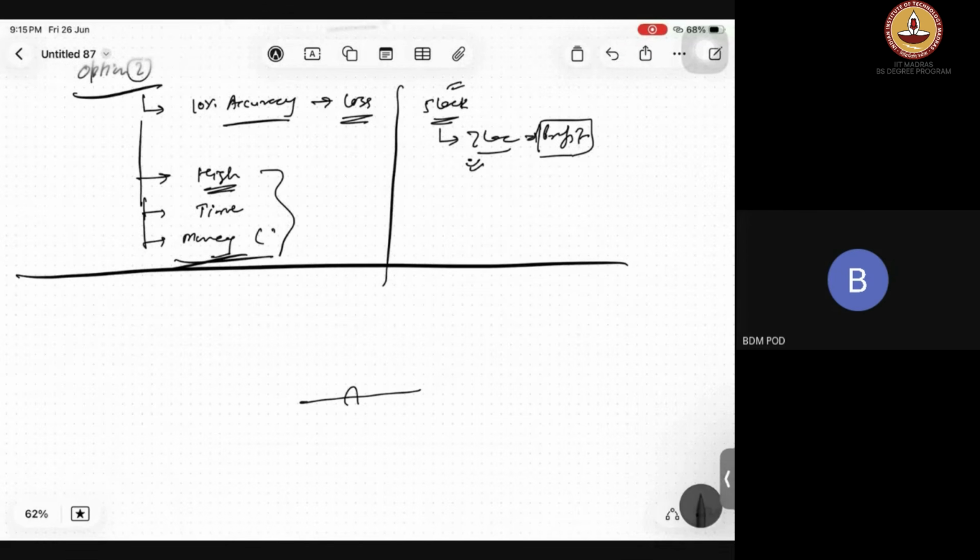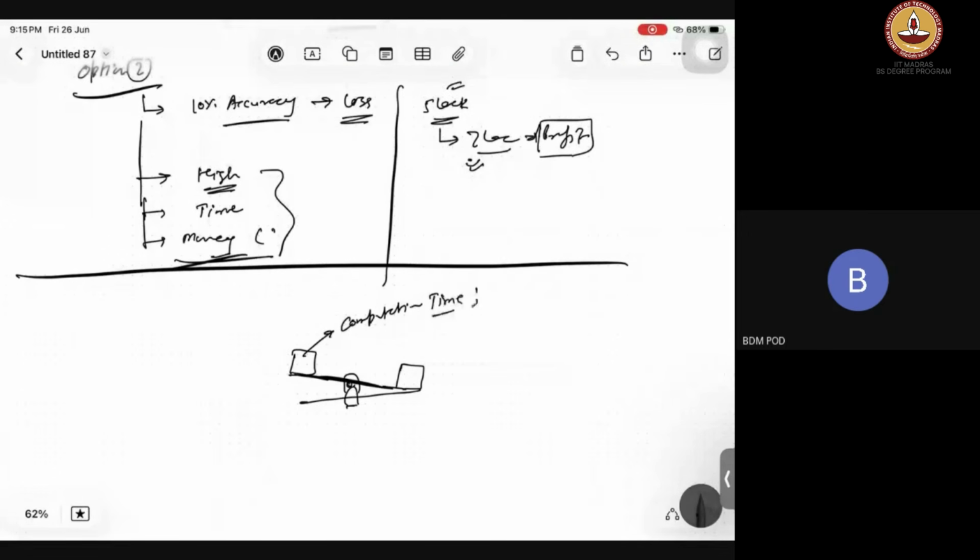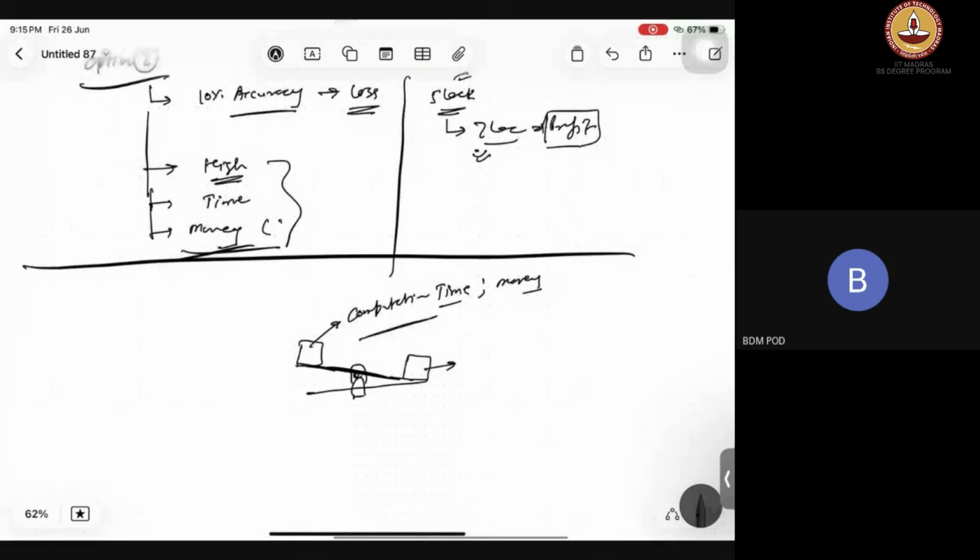So how are you going to make a balance? On one side you have computational time, money, and interpretability. On the other side you have the risk that your system is not too accurate.